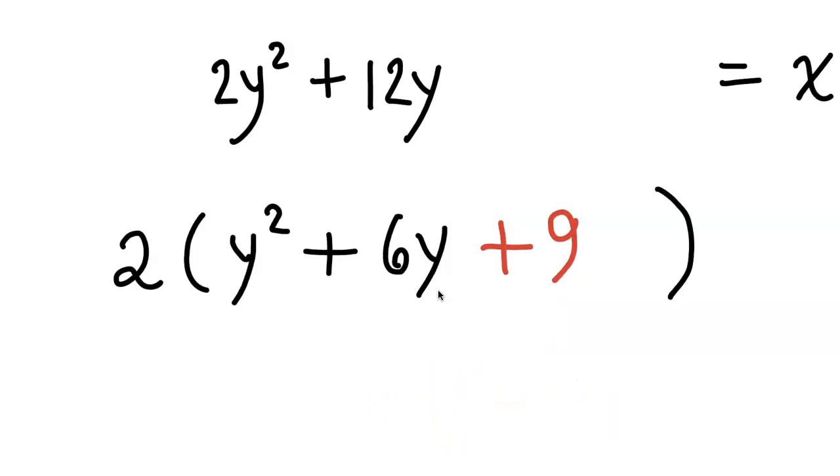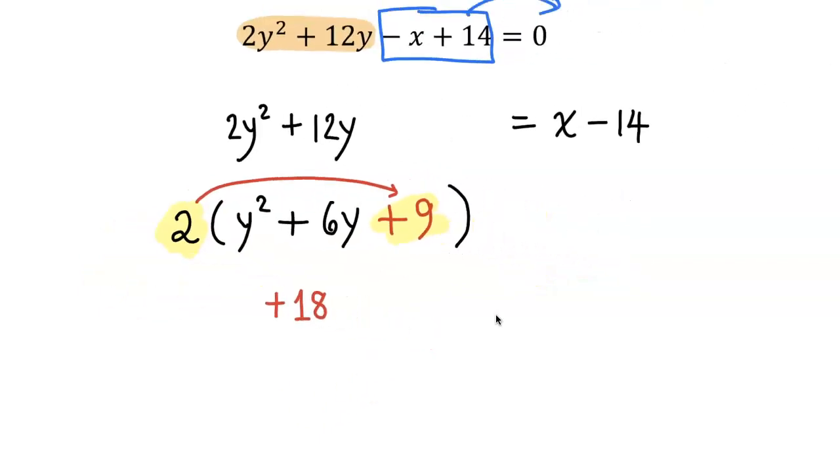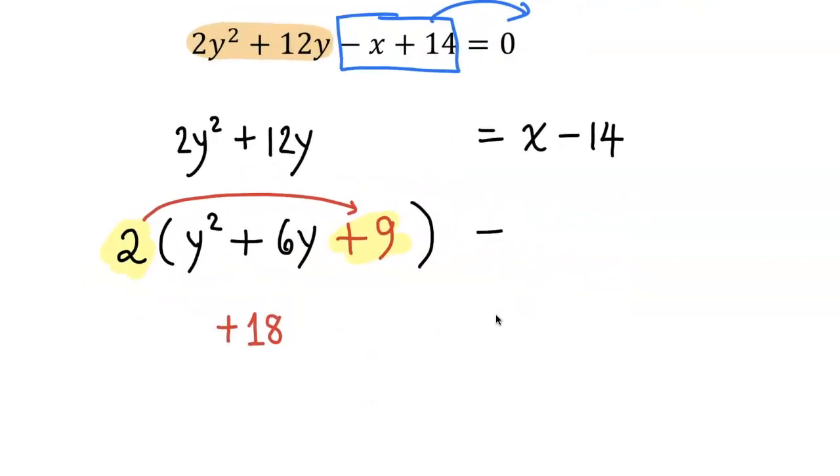Now watch. Even though we added 9 inside this parenthesis, if you look at the entire left-hand side, we are really multiplying this 2 by 9. So to the left-hand side, we are adding 2 times 9, 18. So that's what I'm going to add to the right-hand side. So the right side was x minus 14, but I will be adding 18 to that right side.